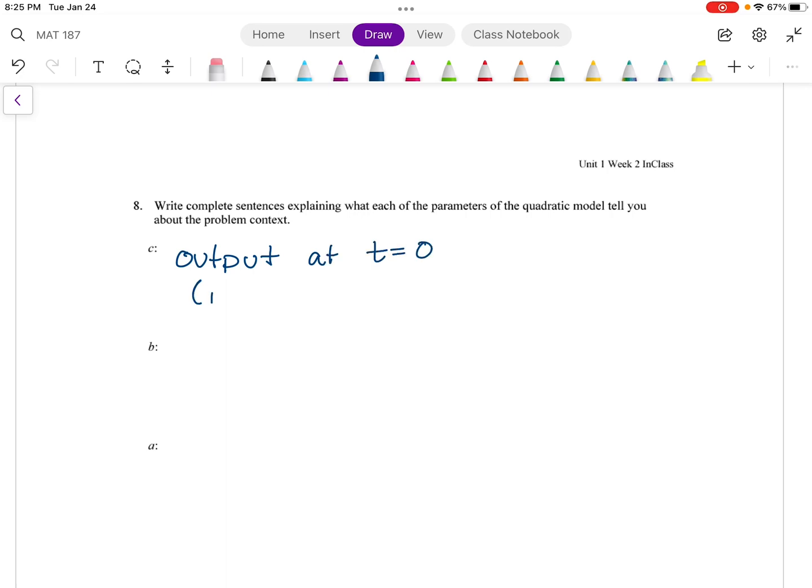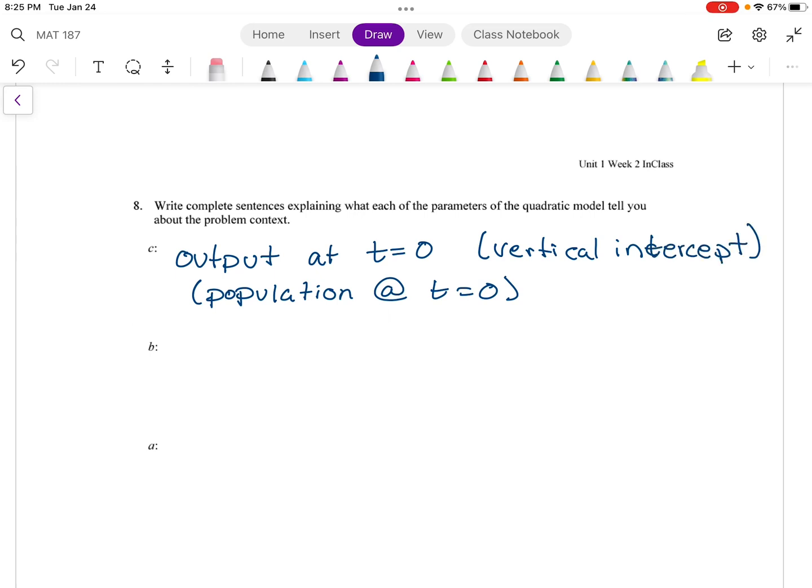And in this case, that was the population at time 0. You could also think of it as our vertical intercept. That's a really helpful way. So C, output at T equals 0.